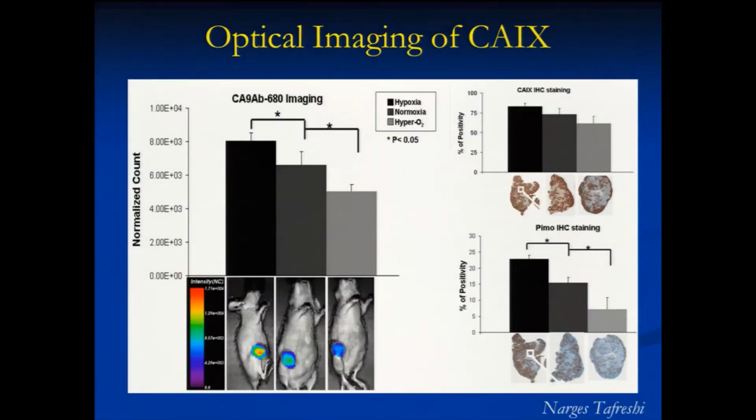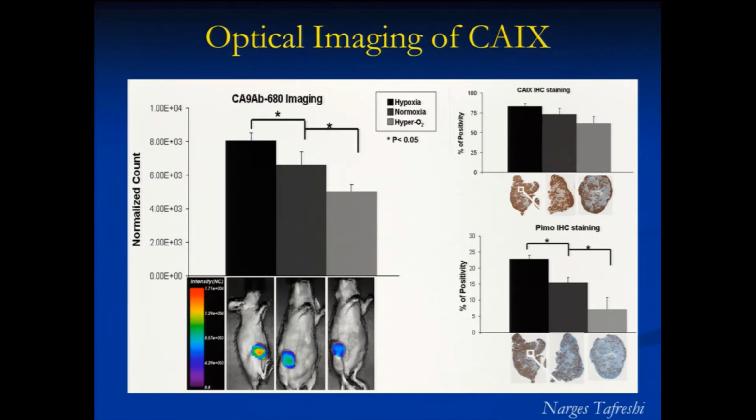So, imaging carbonic anhydrase 9. Carbonic anhydrase 9 is under the control of the hypoxia-inducible factor. Nargis Tafrishi, whose poster this image is taken from, will be presenting this whole study later today in the poster session.